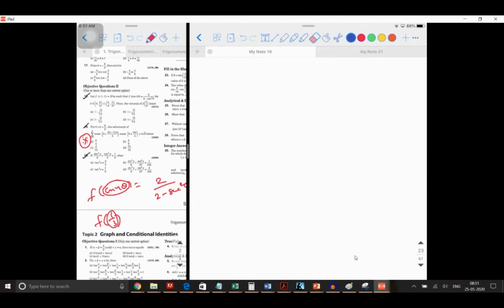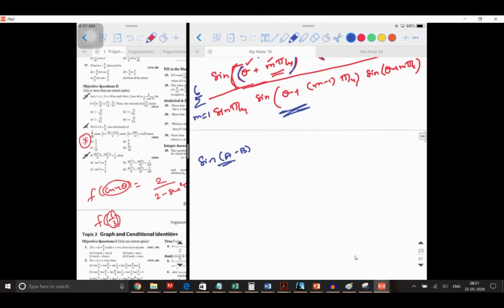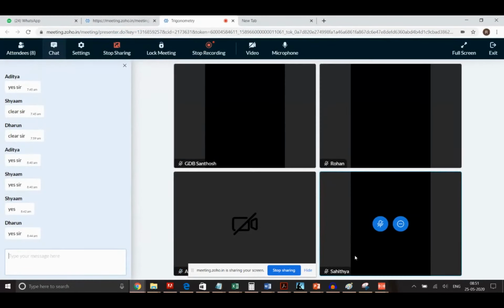Did anyone solve it? Or at least tell me, once you apply this formula and simplify, what did you get? Sir, I got the denominator term to be 1 by root 2.